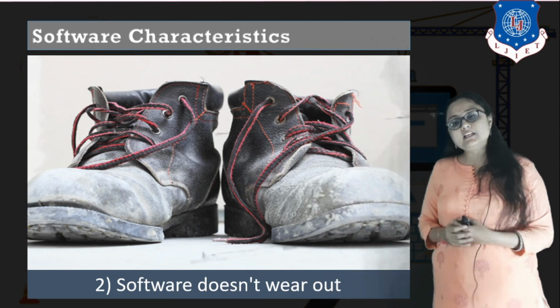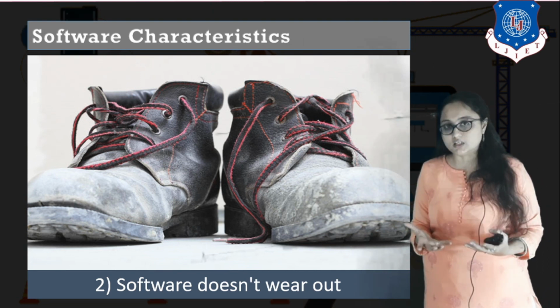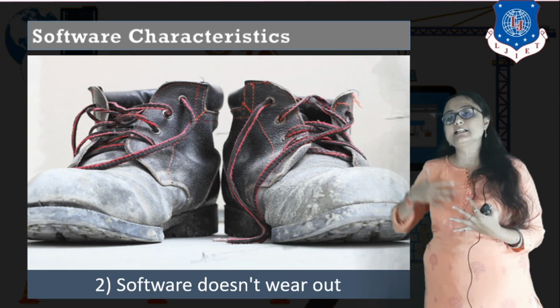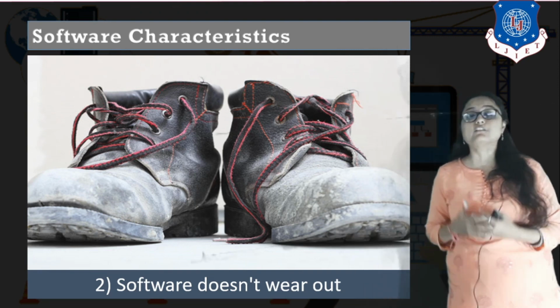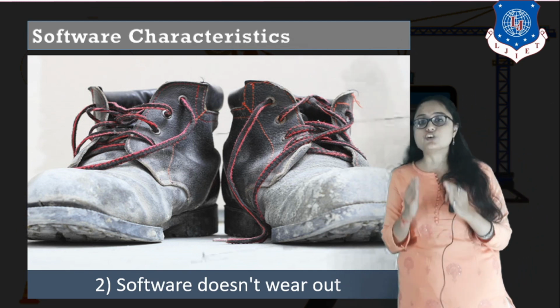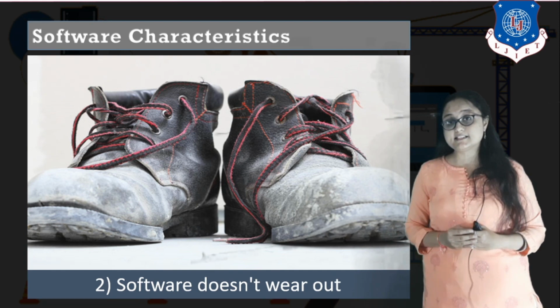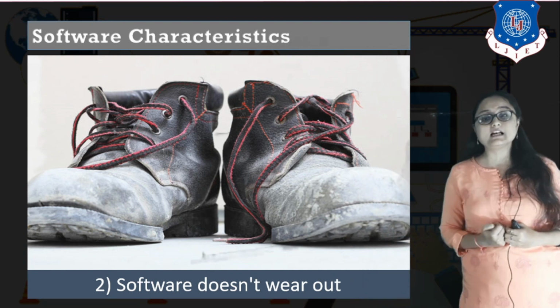So what does it mean? They are wearing out, because hardware is something physical and it is affected by the external environment like weather. Whereas software is not a physical thing, it is a virtual thing. So software doesn't wear out. So this is a basic characteristic difference between software and hardware.